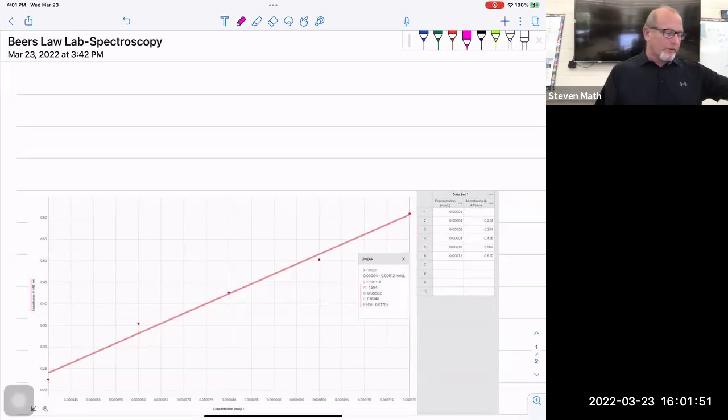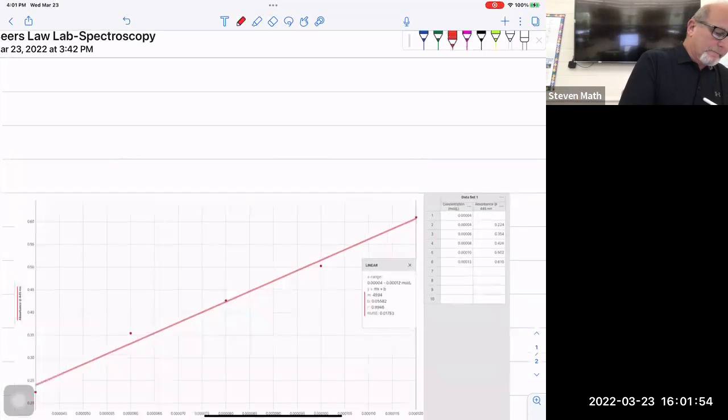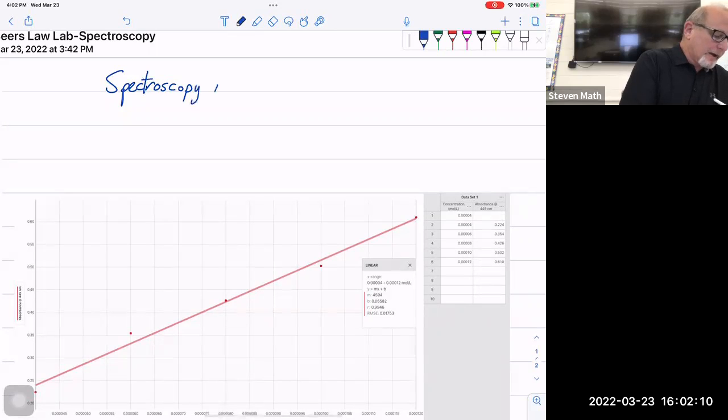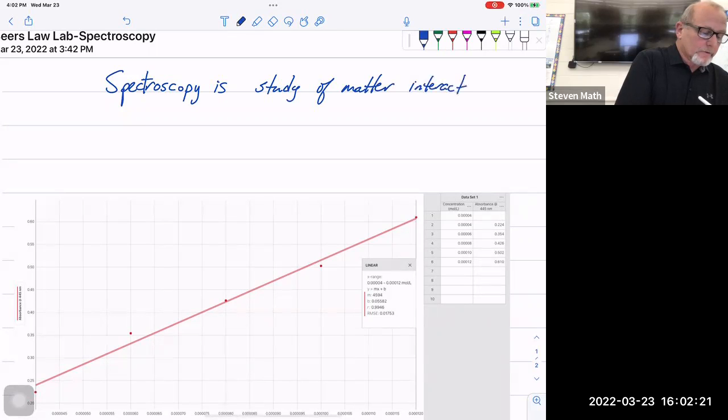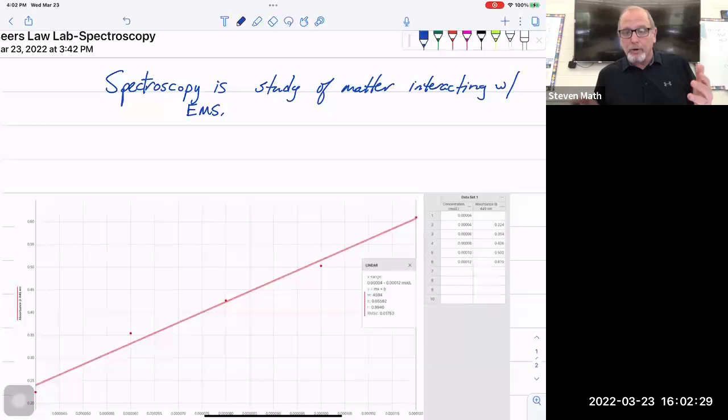Spectroscopy is basically the study of matter, in our case a solution, interacting with the electromagnetic spectrum. For lack of a better word, light.